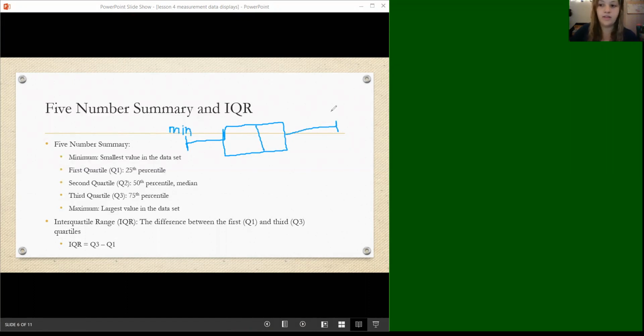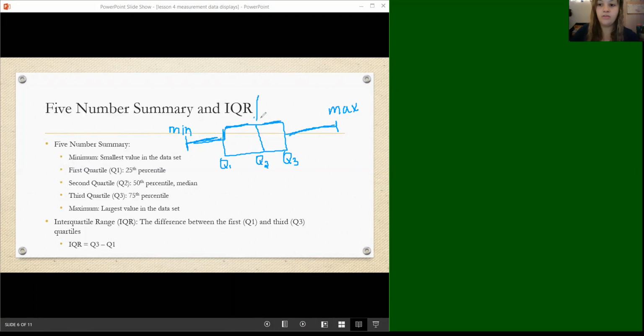That's going to be the lowest end, and then our maximum, the greatest value. And then the quartiles are in here, okay? So this is going to be our Q1, here's Q2, and then here's Q3, okay? So we have 3 quartiles. And like I said, we have 4 different parts of the graph here. So we have this first part, second, third, fourth, okay?